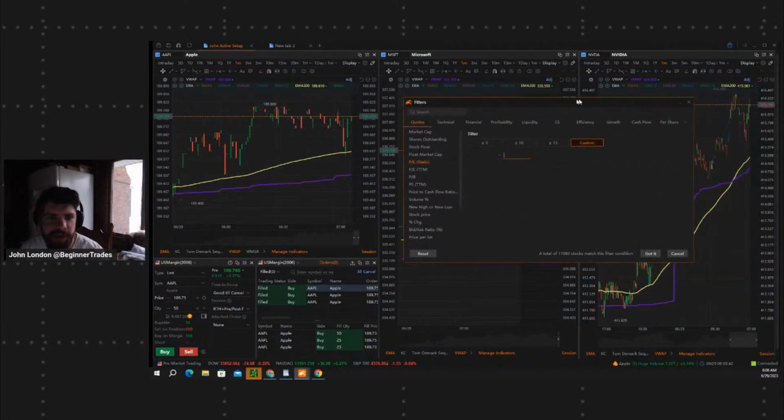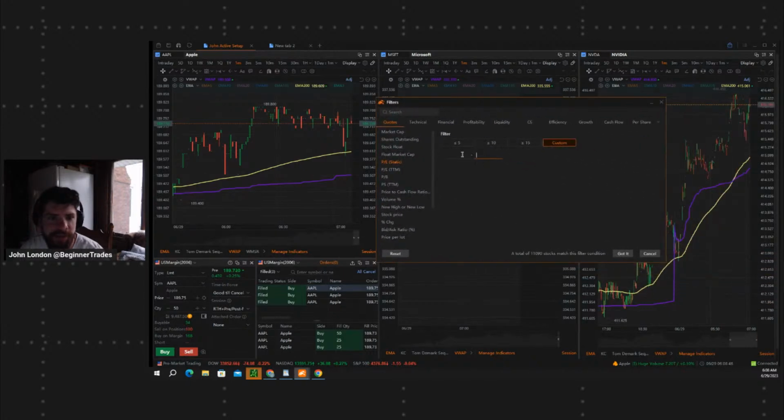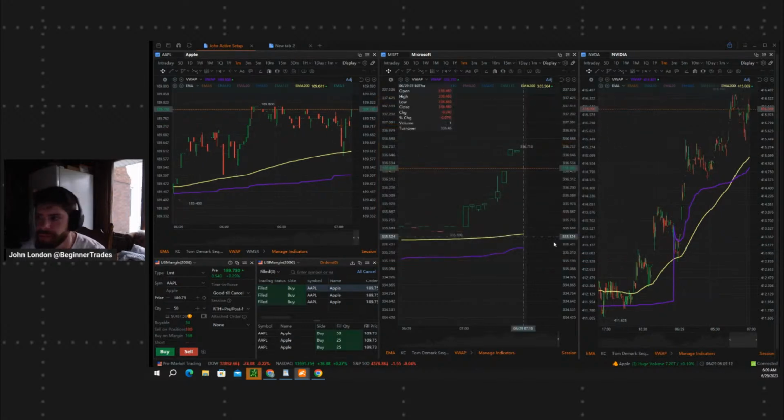I'd really like somebody to help me figure out what the heck to do here. So this is a PE ratio. I have to configure it. But what do I put here? Oh, I see. I want PE ratios from 0 to 30. Got it. Boom. Done.